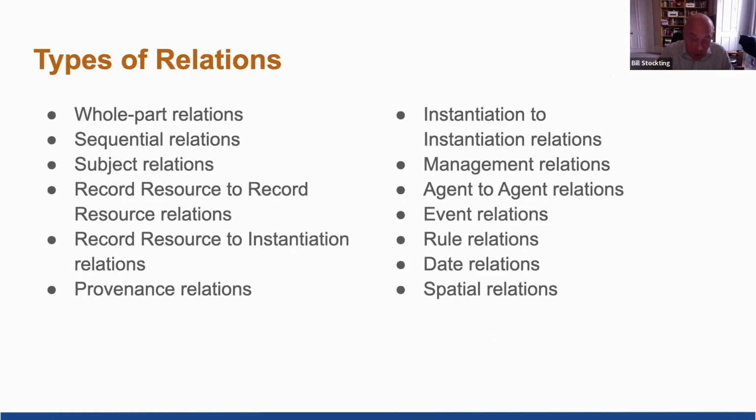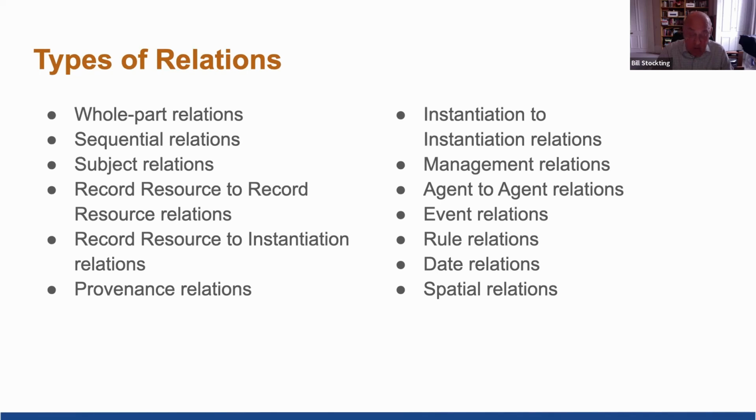To clarify the role of a relation when describing records, all relations fit into one or more of 13 conceptual categories. Whole-part relations between a record and its parts, for example, as well as sequential relations where an agent has a successor agent or an original record has a draft. There are relations between a record resource and its subjects or topics.